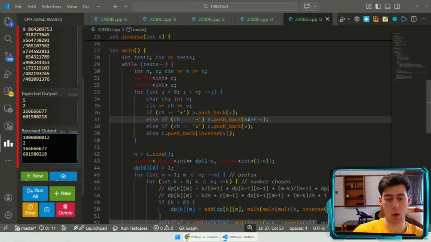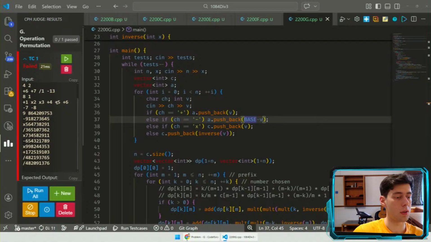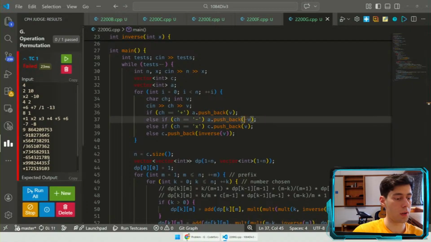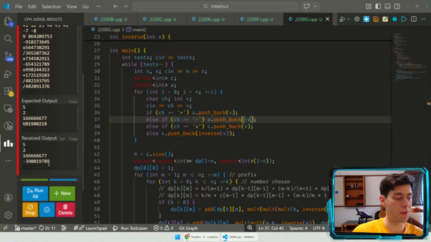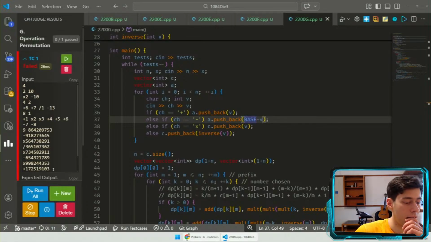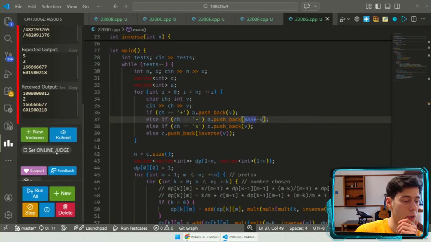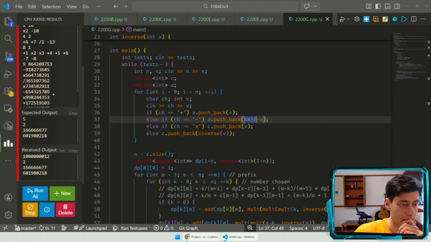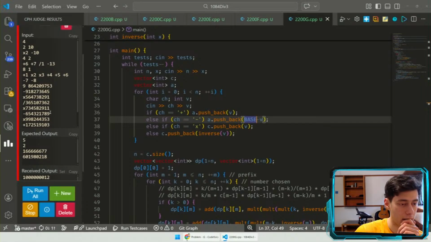Whoa, wait, I swear that worked before I switched this to a minus. Did it work? What? Wait. So I've got code that works on all the tests, but not at the same time. Okay, that's weird.